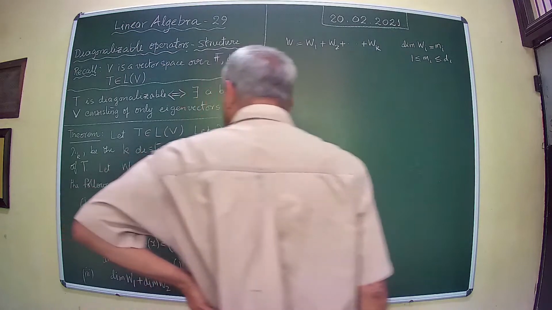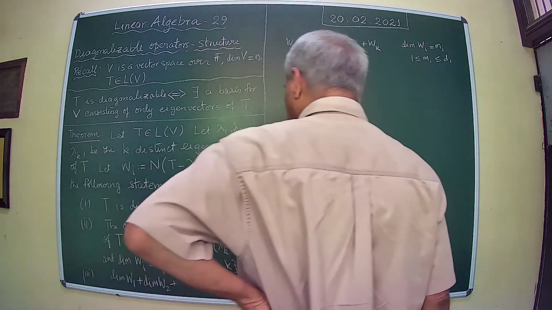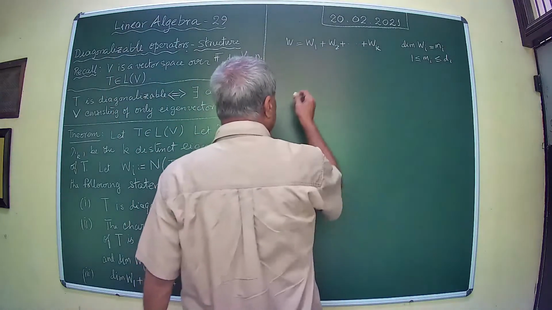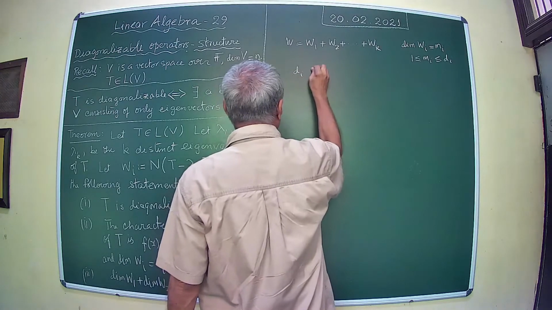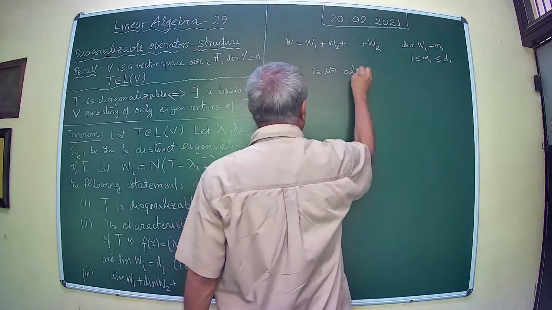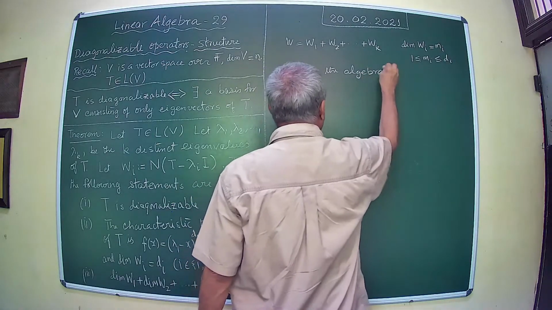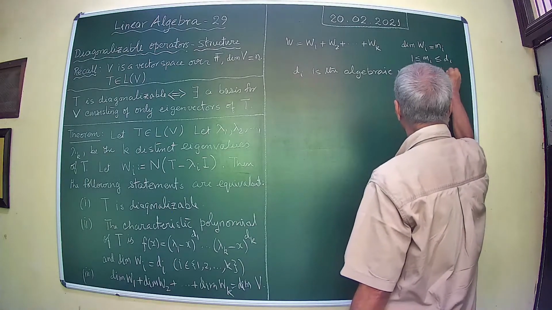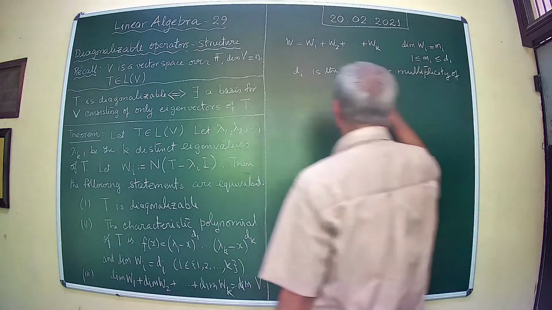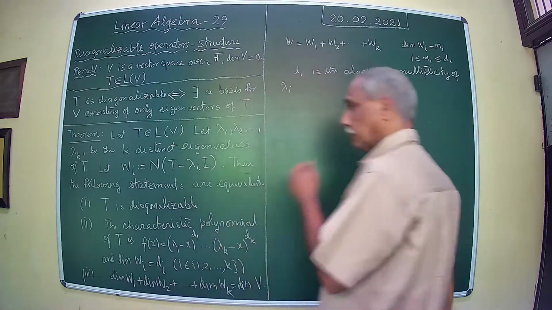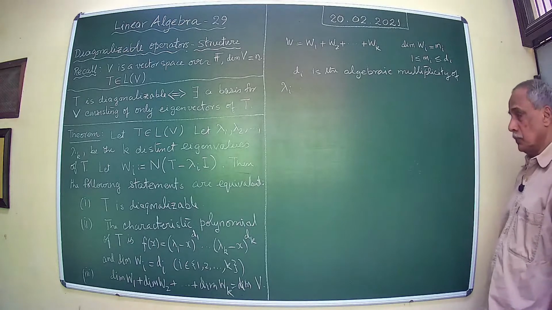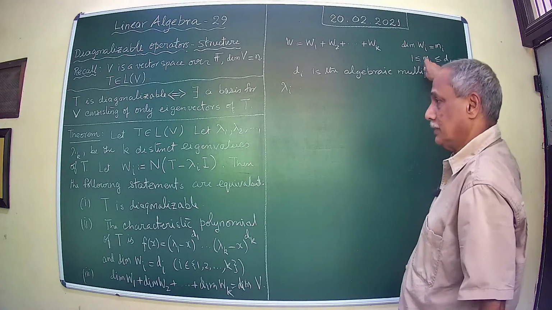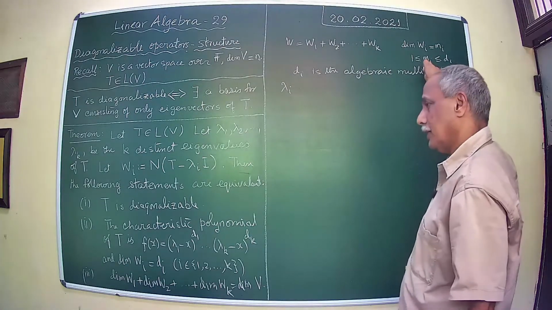Here di is the algebraic multiplicity of lambda i. Now this number mi is called the geometric multiplicity of lambda i.